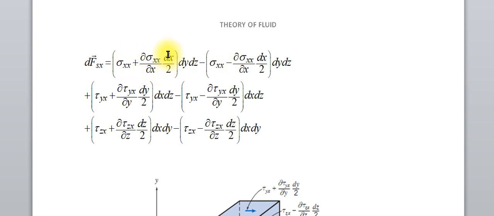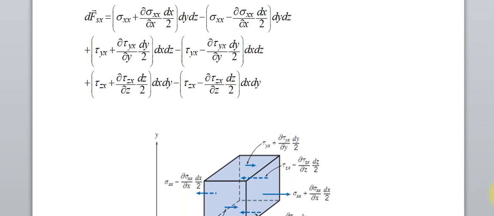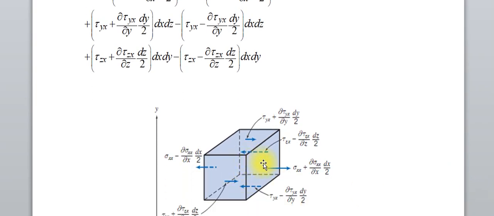This is the positive x plane and this is the negative x plane. And look at this one, because it is the outward normal, we will take the positive x plane minus the negative plane, so that will be the net stresses on the x plane. On both x planes, this is the positive and this is the negative.